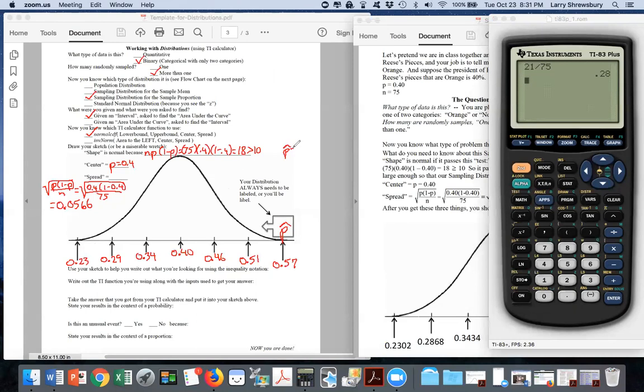Our p hat is equal to 0.28 because that's 21 out of 75 that are orange. So the z-score for that, we would take the 0.28, subtract the center, which is the 0.4, and we divide by the spread, which is the 0.0566. So that'll make it easier for us to locate where it is under the curve.